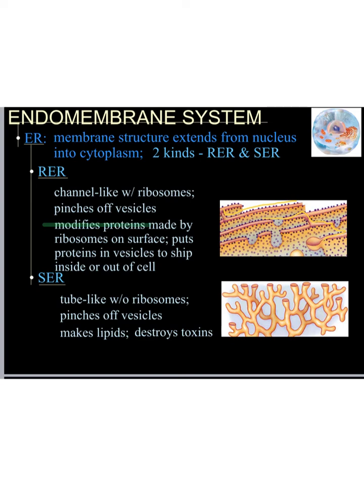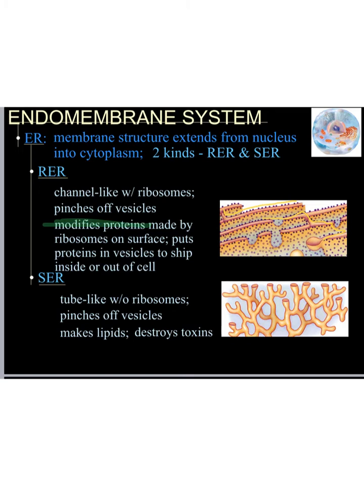The key here is that proteins are modified, so we modify the proteins that are made by the ribosomes. Remember, the ribosomes make the raw material, the raw proteins, and it is here in the ER where we modify them. We specialize them. We give them their special touches that allow them to do their job. We make them into final proteins.